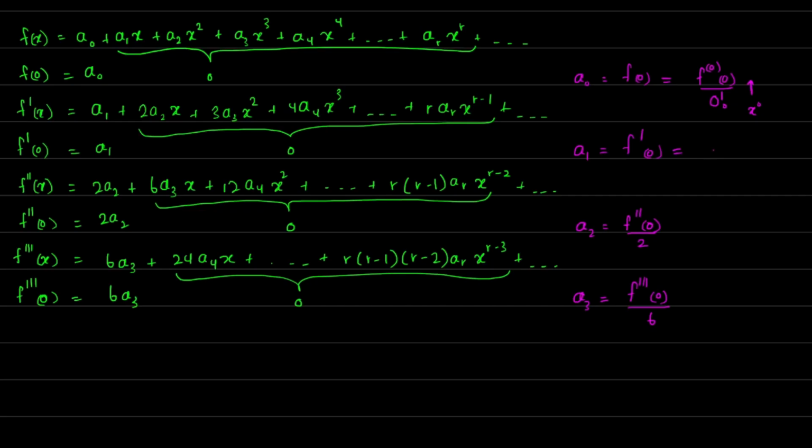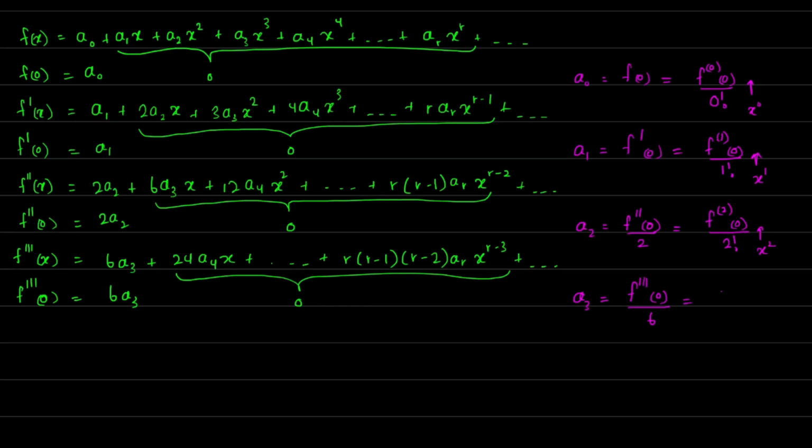And a1 can be written as the first derivative at 0 divided by 1 factorial, which is 1 again, and this is the coefficient of x to the power 1. And a2 can be written as the second derivative at 0 divided by 2 factorial, which is equal to 2, and this is also the coefficient of x squared.